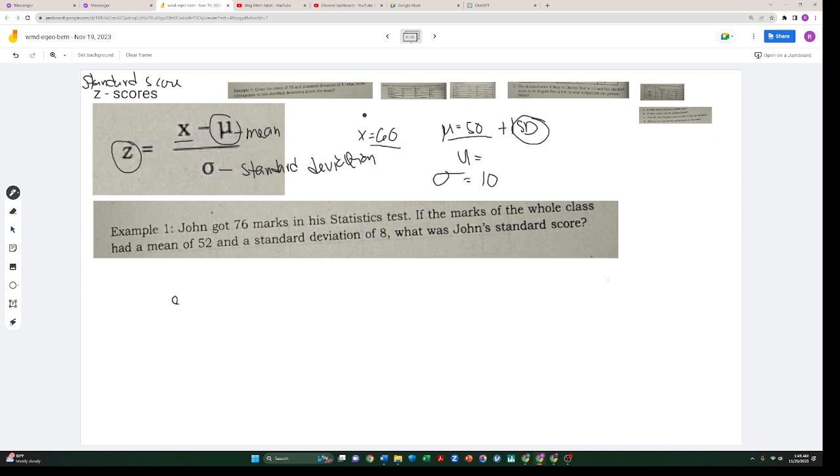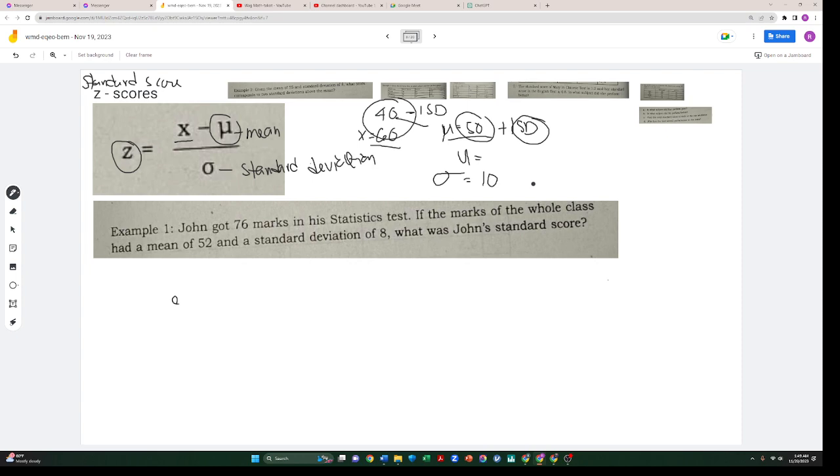If your score is 40, therefore you are minus 1 SD because you are below the mean, which is 40. Now from there you can identify your friend's score or your score in the exam, then get the mean and then the standard deviation, therefore you can identify whether you are close to the mean or far from the mean, or whether you are above or below the mean with your scores.